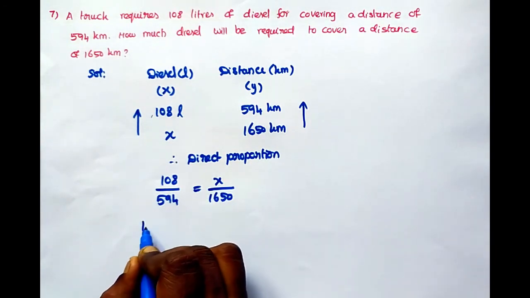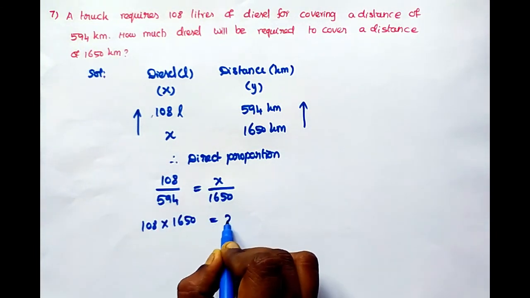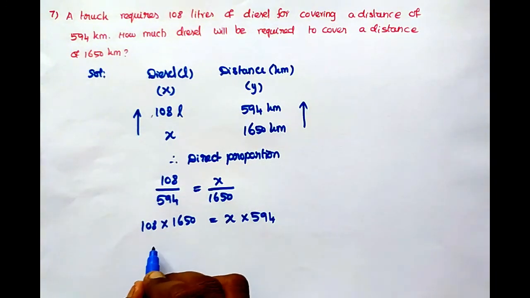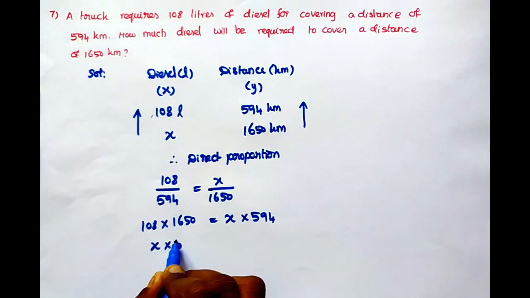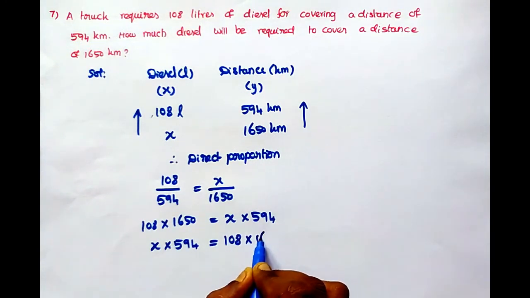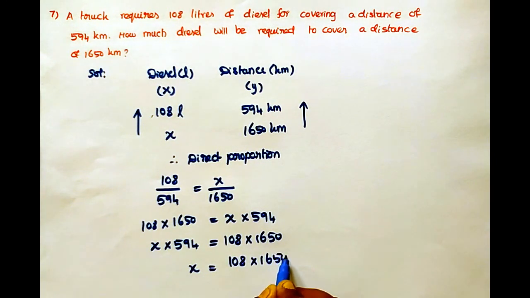Cross multiplication. 108 into 1650 equal to x into 594. Change the LHS and RHS. x into 594 equal to 108 into 1650. So x equal to 108 into 1650 divided by 594.